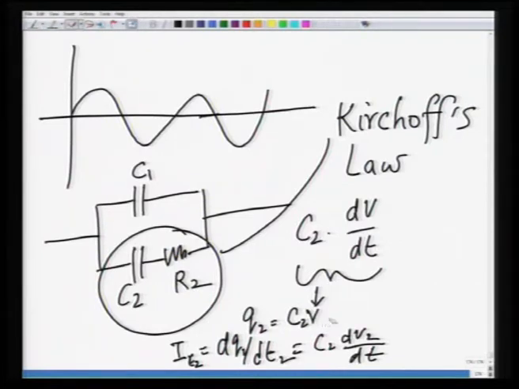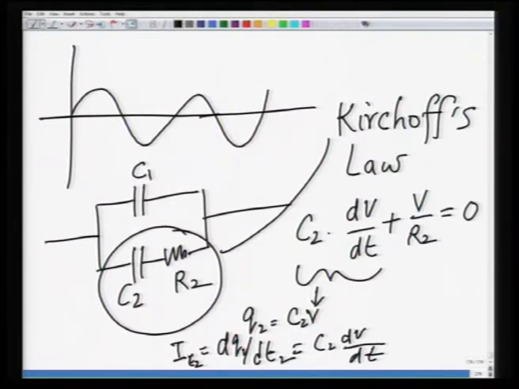Just a mistake, this is C2 V, let us not write V2. So C2 dV by dt, the current in the capacitor, plus the current through the resistor, which is V divided by R2, this is simple Ohm's law, is equal to 0. This is your Kirchhoff's law.